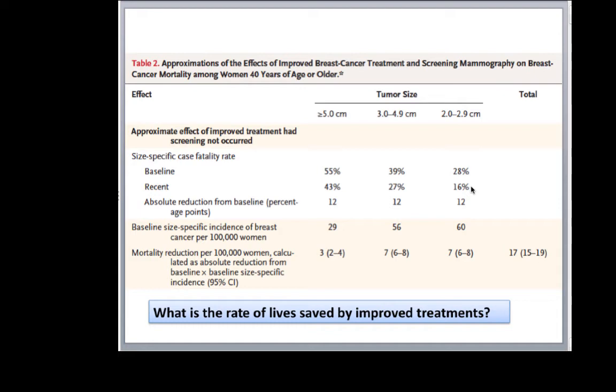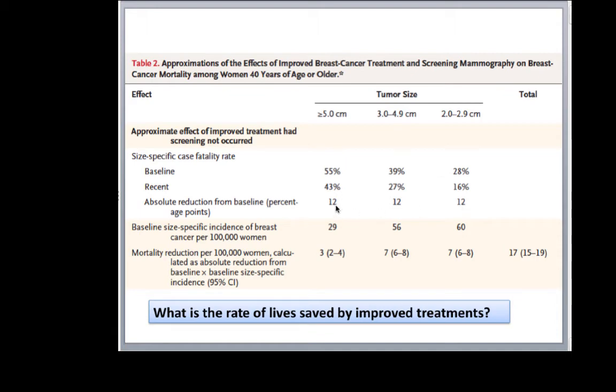Their point was that mammography didn't really help with uncovering any large tumors to begin with. So any improvement in case fatality percentages as they go down really has to do with improved treatments. What they did here is take the difference in the case fatality rate for each of these different tumor sizes.